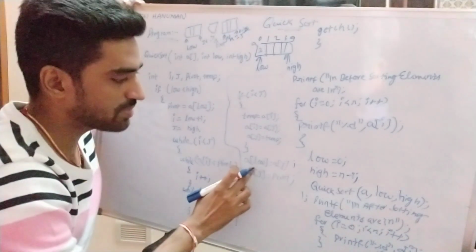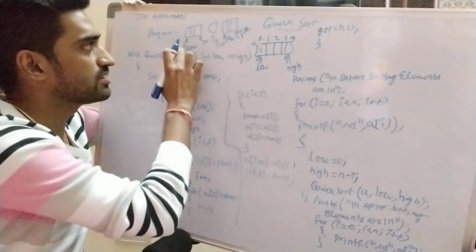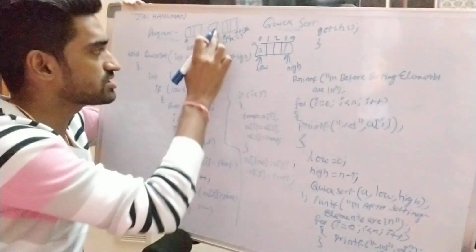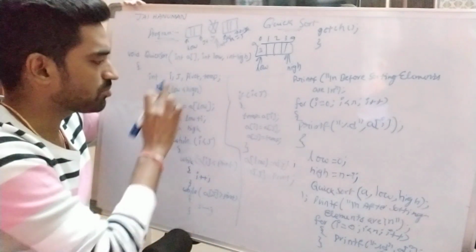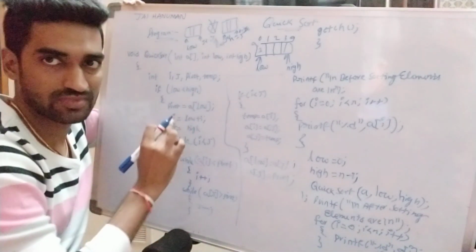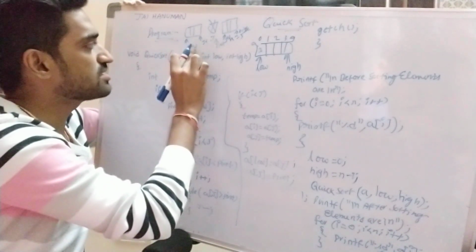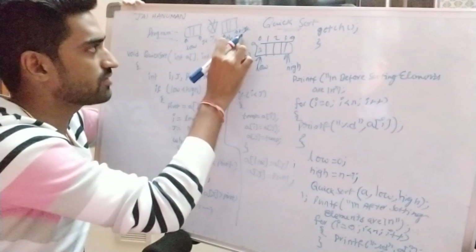After swapping a of j with pivot, the entire array can be divided into two subarrays. Now j position is the pivot position, and this element is sorted, right? Now we can apply the same procedure recursively for these two subarrays, so we consider the boundaries for them. This is always low, this is always high.